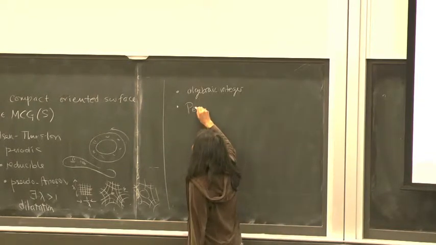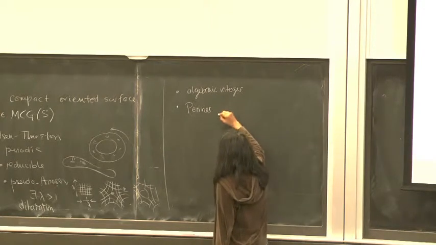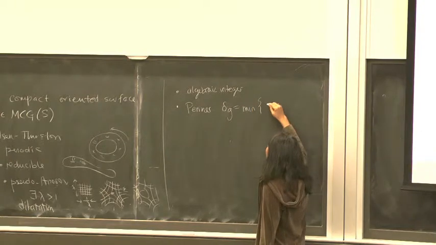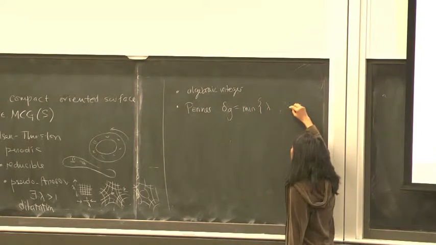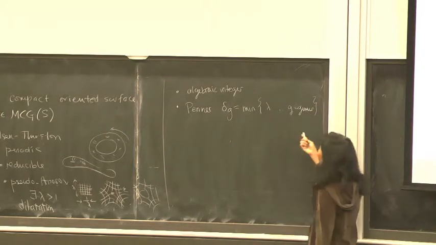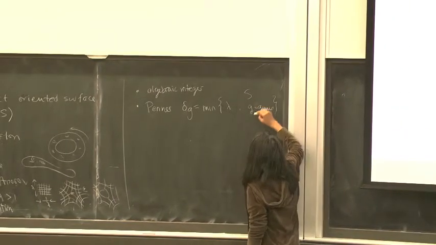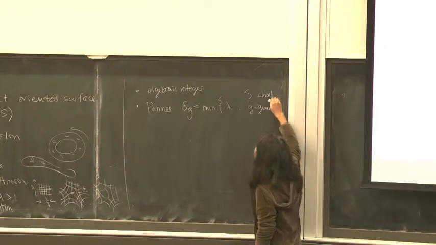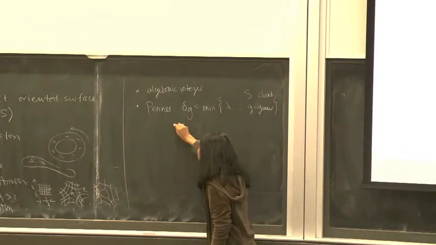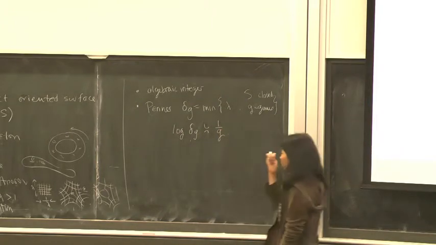Penner showed that if you let delta_g be the minimum lambda for a fixed genus g on a closed surface, so S is of genus g and closed, then log of this is on the order of 1 over g.